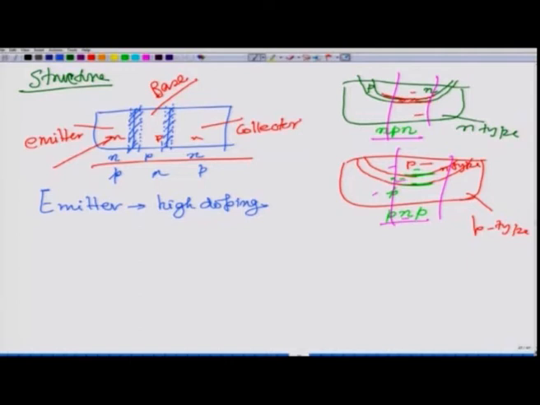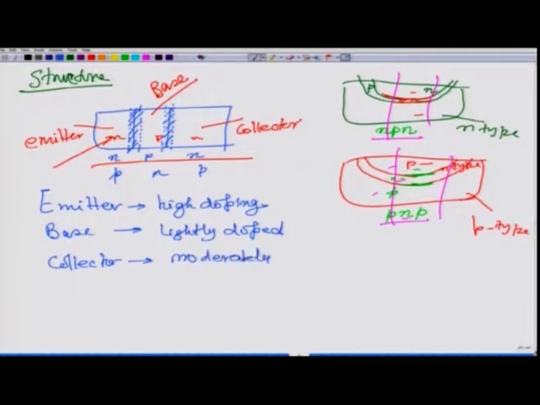Then base is lightly doped. Okay, highly doped and lightly doped, and collector is moderately doped. Another good description is in terms of the geometrical parameters.